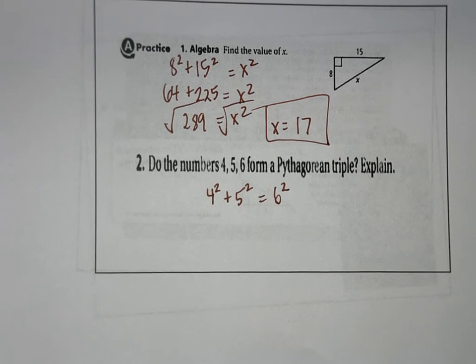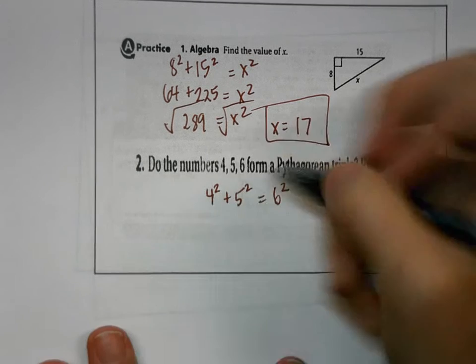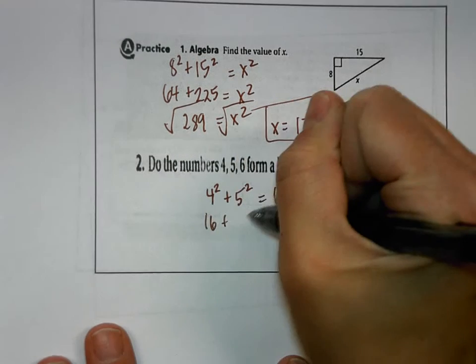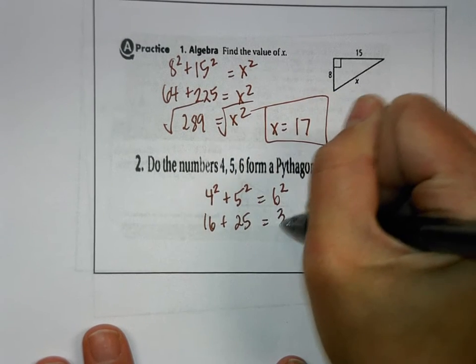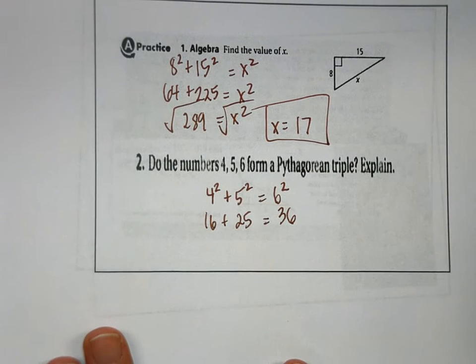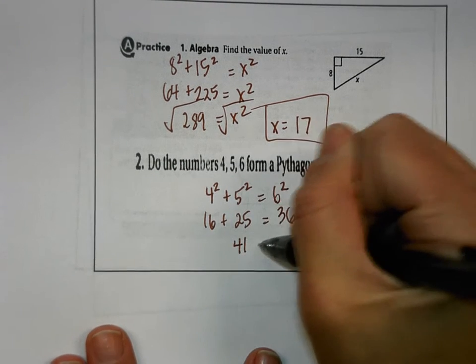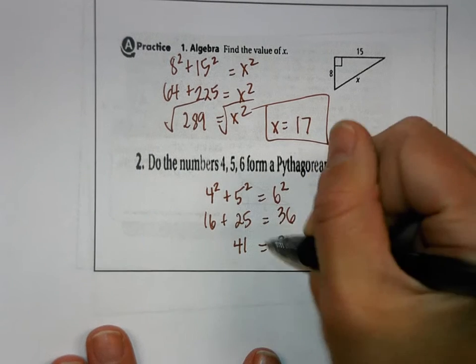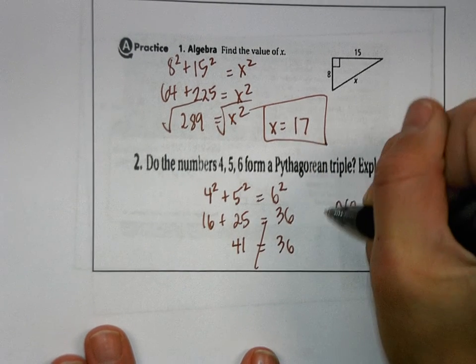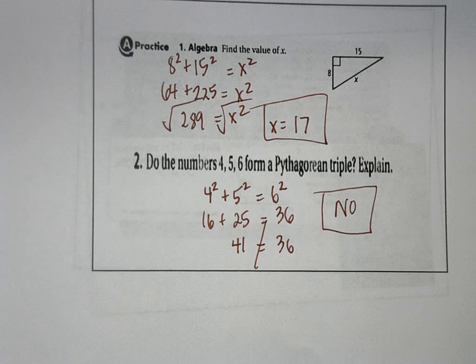If it doesn't, then it is not a Pythagorean triple. And we always know that our c value will be the largest number. So we get 16 plus 25 equals 36. What is 16 plus 25? Does 41 equal 36? No. So therefore the answer is no, it is not a Pythagorean triple.